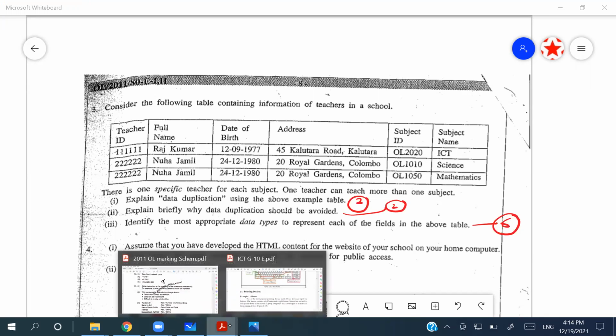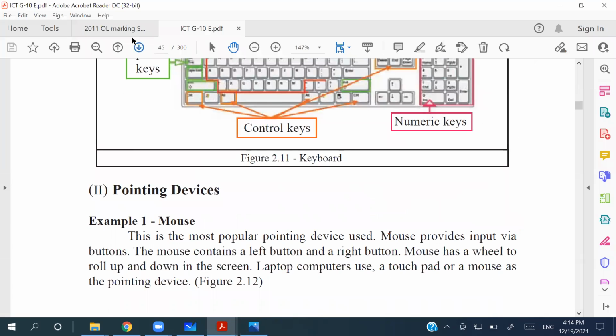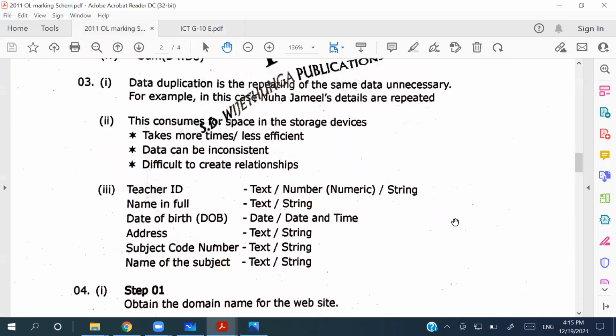Right? So here we go. Teacher ID: text, number, string, any kind of thing, they have given the marks. Name in full. Right? So date of birth, address, these kinds of things you can propose.